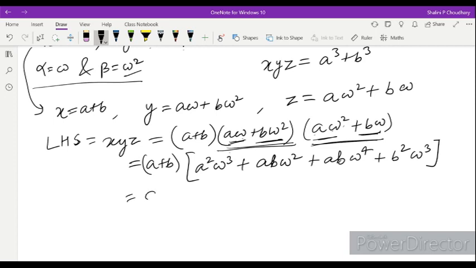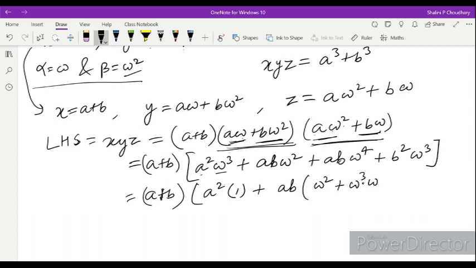Now A plus B into A square into omega cube is equal to 1, plus omega AB we will take common, and omega square we will write here, and omega to the power 4 will be written as omega cube into omega, that is equal to omega.